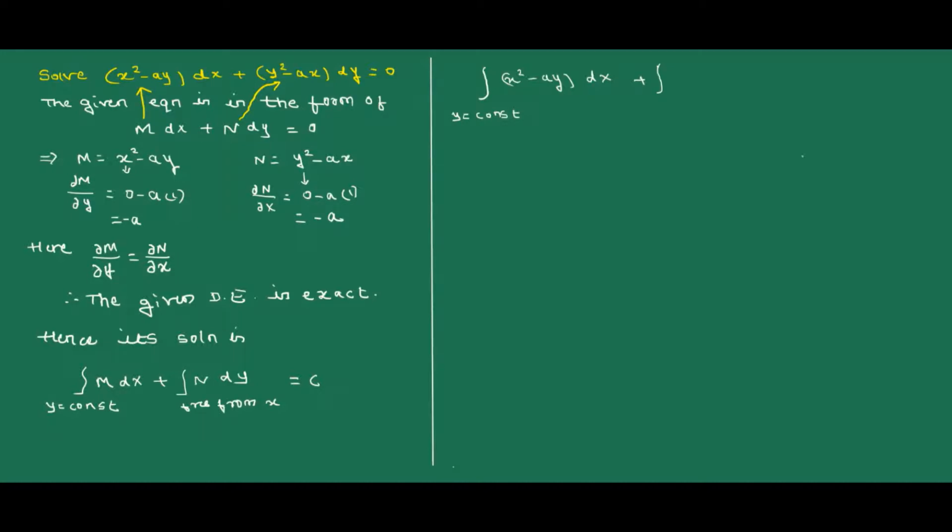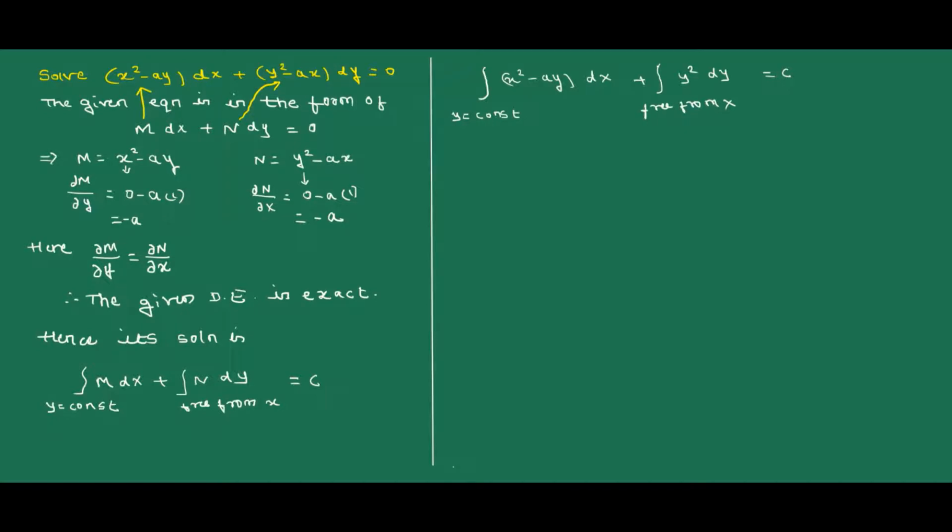N value is y square minus ax, where this second term has x but the condition is free from x, means you have to write down the y value only. So the term containing y is only y square into dy. This is, I will write, free from x. This is equal to c.